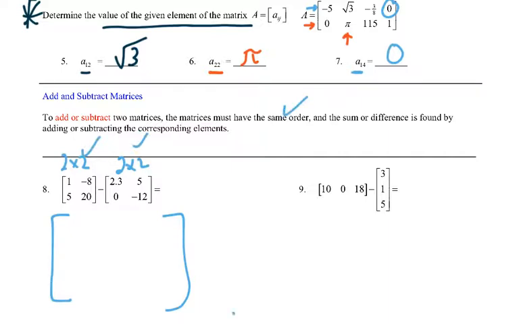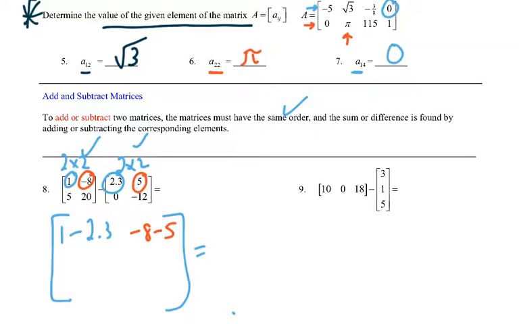For each element of our resulting matrix, we would take the elements in the row 1, column 1 position and subtract. Then in the row 1, column 2 position and subtract, so negative 8 minus 5.